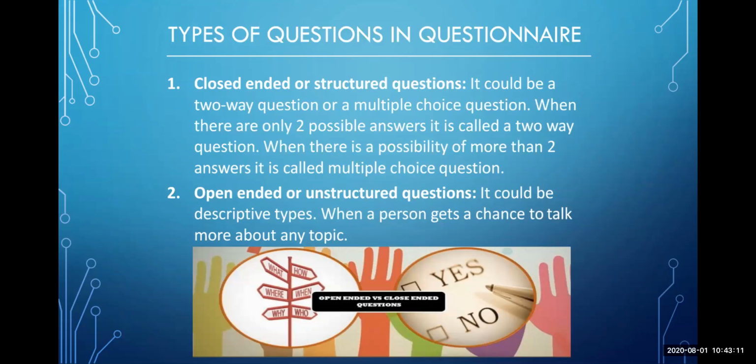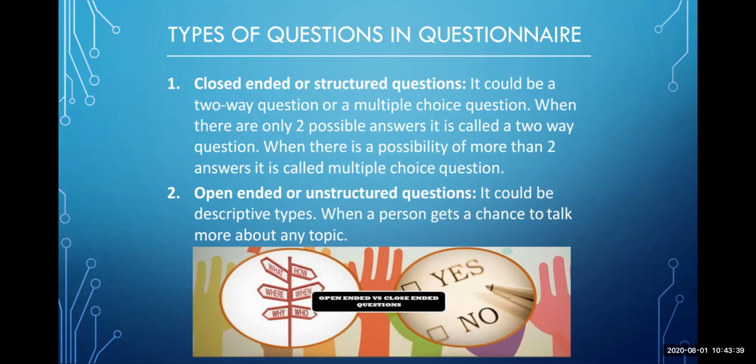So first let's understand what is close-ended and open-ended. Close-ended means you are giving certain options to the respondent and the respondent has to choose from those options, like MCQs. So it could be a two-way question or a multiple choice question. When there are only two possible answers, it is called a two-way question. And when there is a possibility of more than two answers, it is called a multiple choice question.